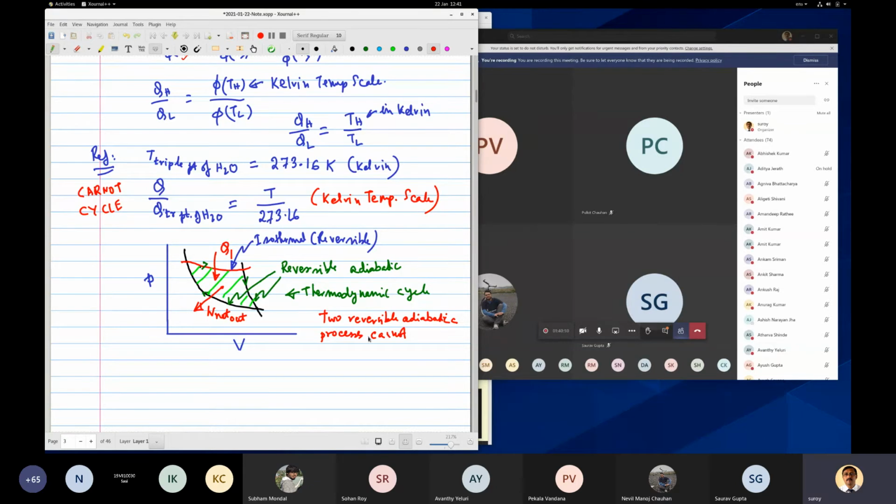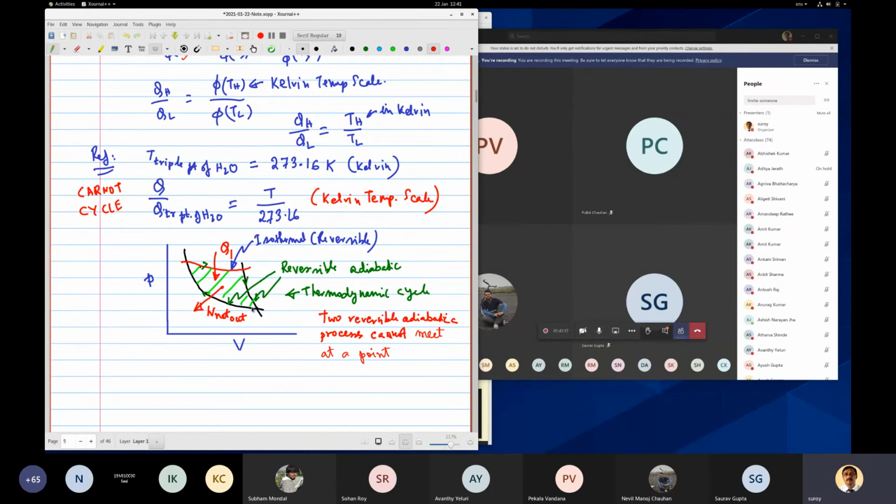So two reversible adiabatic processes cannot meet at a point.